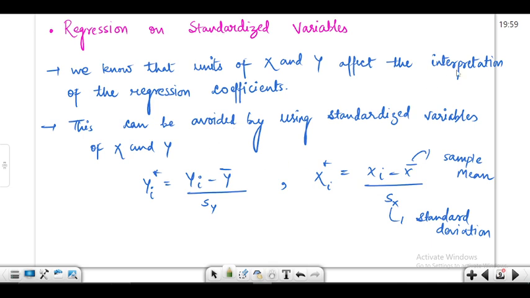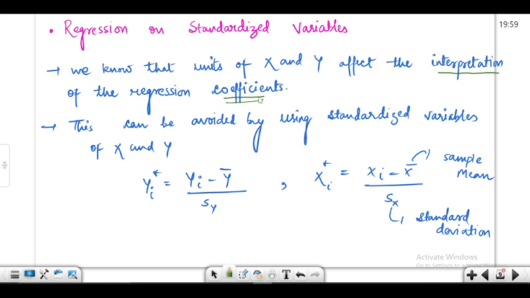So is there a way by which I can go around this, a method in which the units do not affect the interpretation of the regression coefficients? Is there a way that can be helpful here?